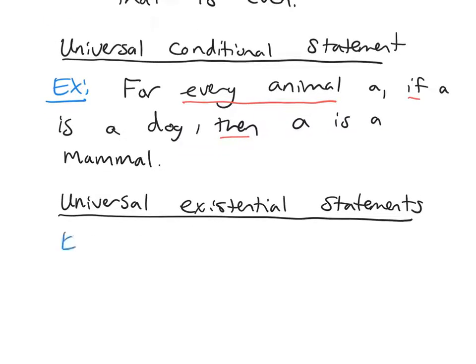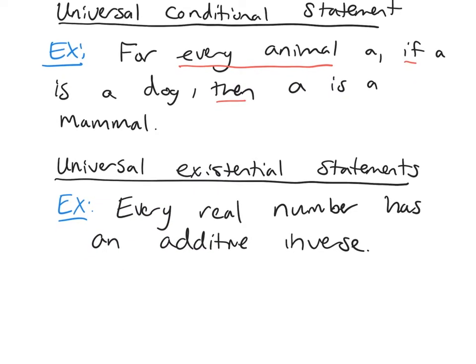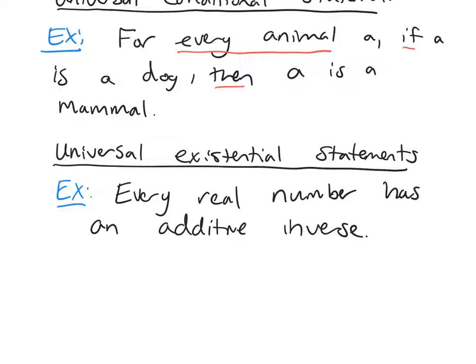So, for example, the statement every real number has an additive inverse. It's universal because we're talking about every real number, but then it's also existential because we're saying that there has to be an additive inverse. So one object that has to exist that satisfies the property.